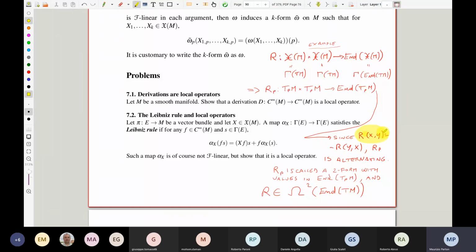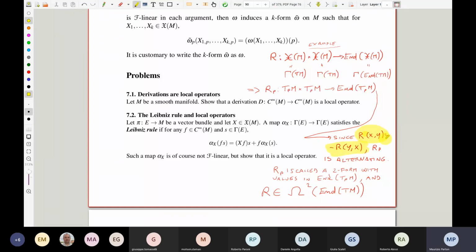Now if you look at the formulas of properties of the curvature, you can show that this map is anti-symmetric, the opposite of symmetric, meaning this property.